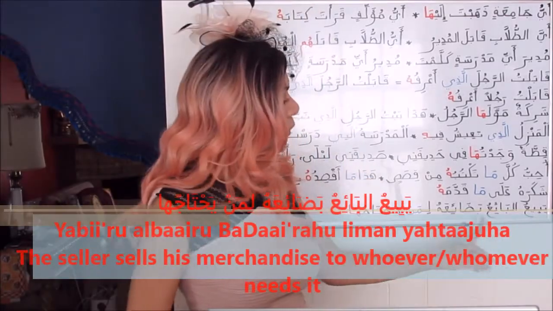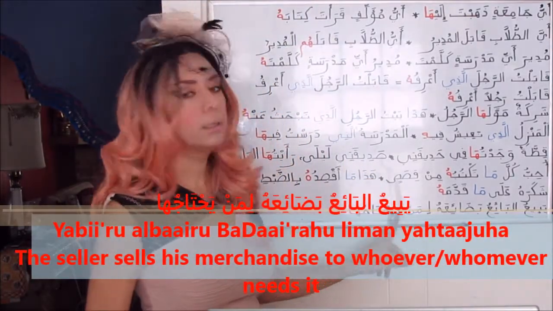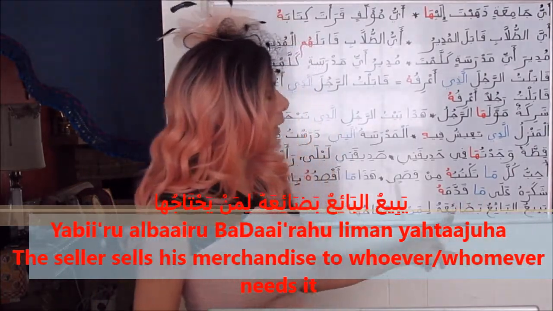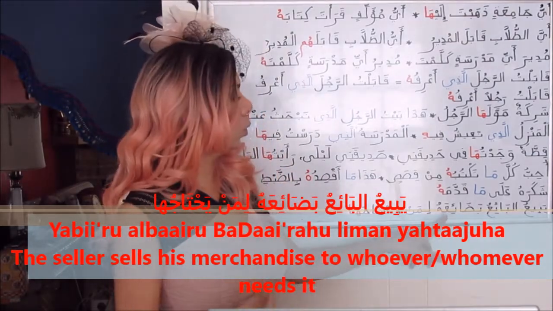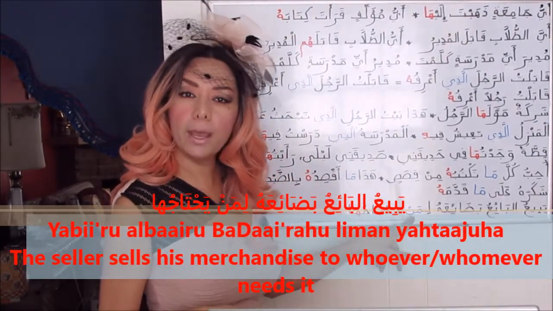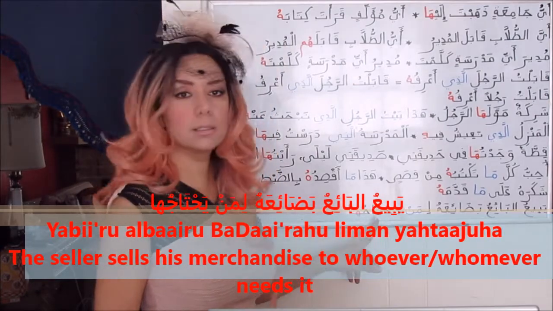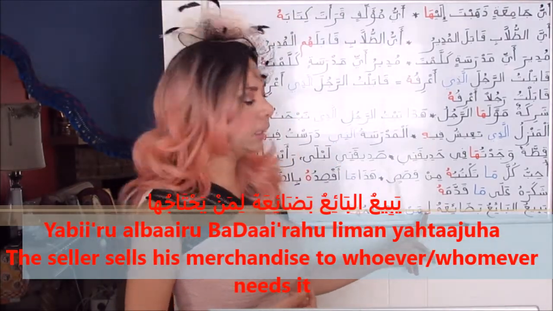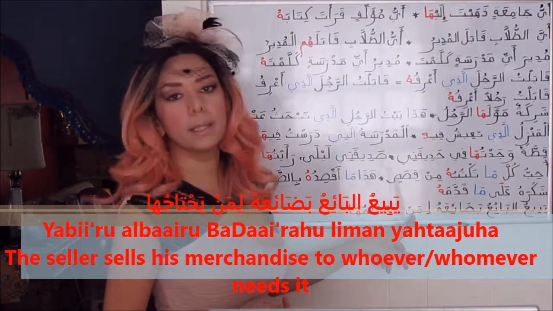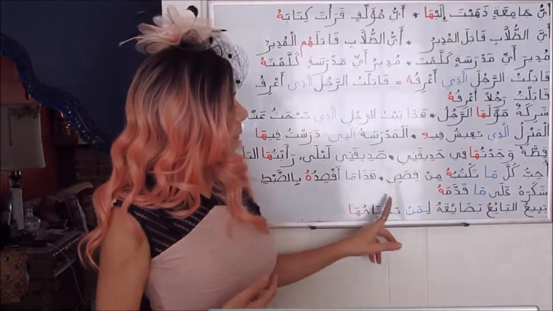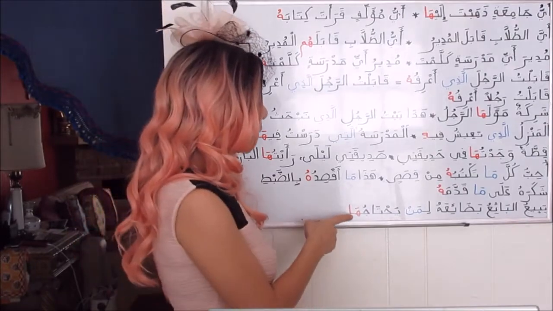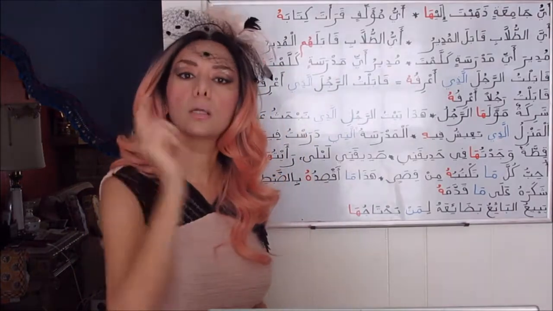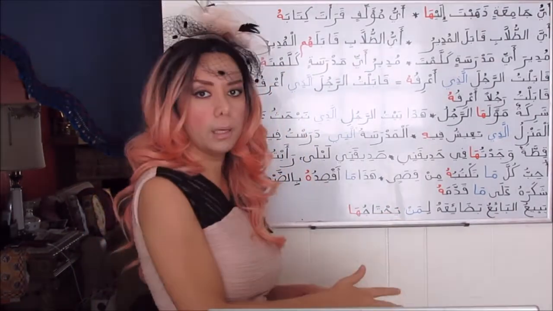يبيع البائع بضائعه لمن يحتاجها. The seller sells his merchandise بضائعه to whoever or whomever needs it. Here باع لي, and we have attached من to li, but this time the resumptive pronoun will refer to the object of the main clause, not to the undefined men.